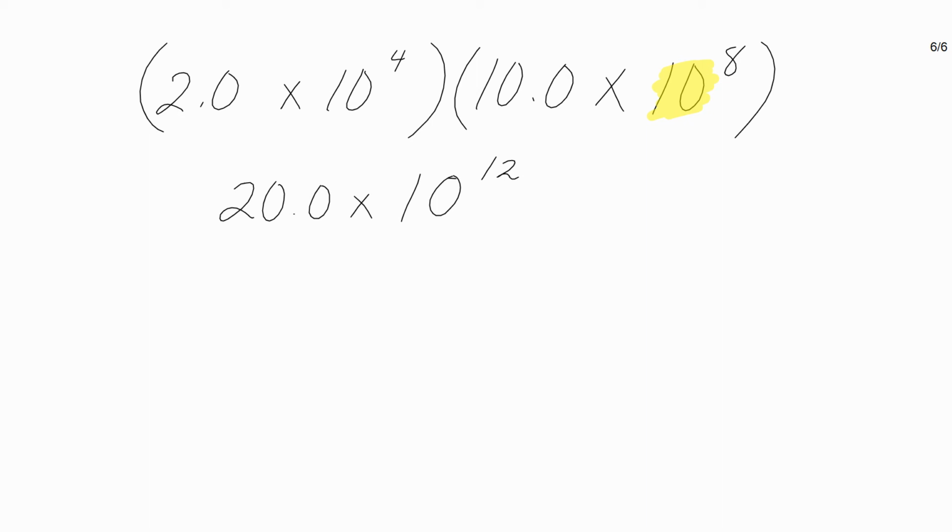Because the 10s are the same what? Base. Now, there's only one problem. And 90% of y'all get this part right. Well, Hubert, I thought you said they get it wrong. Yeah, because of the next step. Because this is not the scientific way. I want y'all to finish it. Turn it into scientific notation.